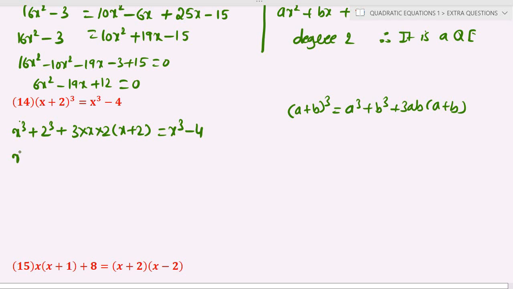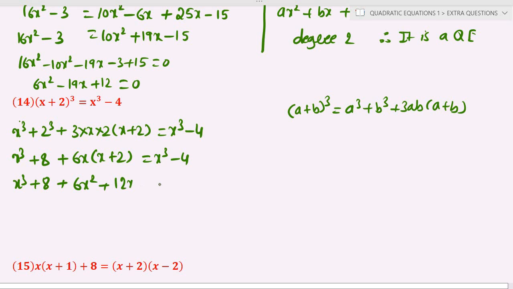What is here? X cube plus 2 cube is what? 2 into 2 into 2, that is 8, plus 3 into 2 is 6x into the bracket x plus 2, which is equal to x cube minus 4. X cube plus 8, and 6x into x is 6x square, 6x into 2 is 12x, which is equal to x cube minus 4.